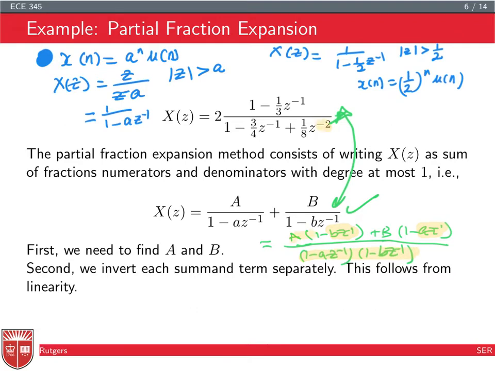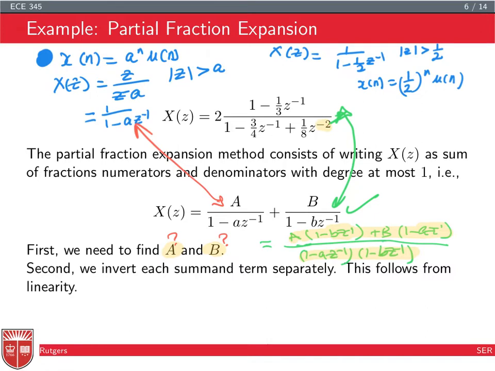And here I will have a numerator with degree at most 1 in z minus 1. So it makes sense. The whole question here is to find A and B. If I can do this, then I would have solved the problem, because once I find A and B, I can apply this formula here and I have the inverse z transform of each one separately.